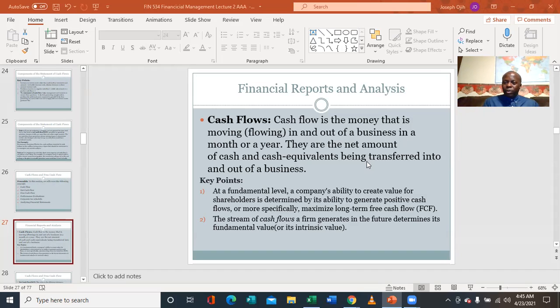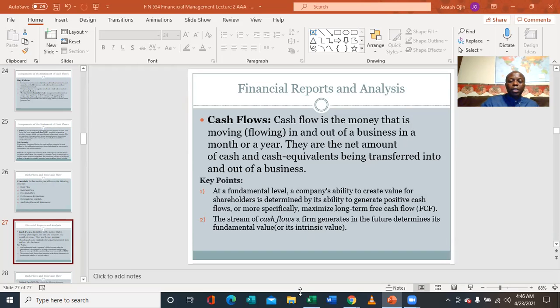If they are generating less money than they are putting out, the company will be in trouble. So that's why this is a very important concept in finance. When analyzing companies' financial statements, you look at things like this, because the stream of cash flow that a firm generates in the future determines the value of the company, what they call the intrinsic value of the company.